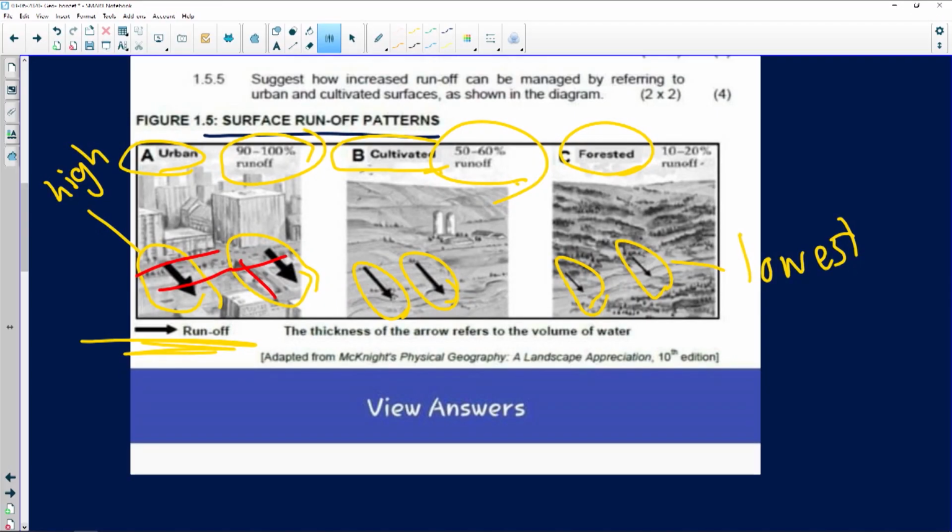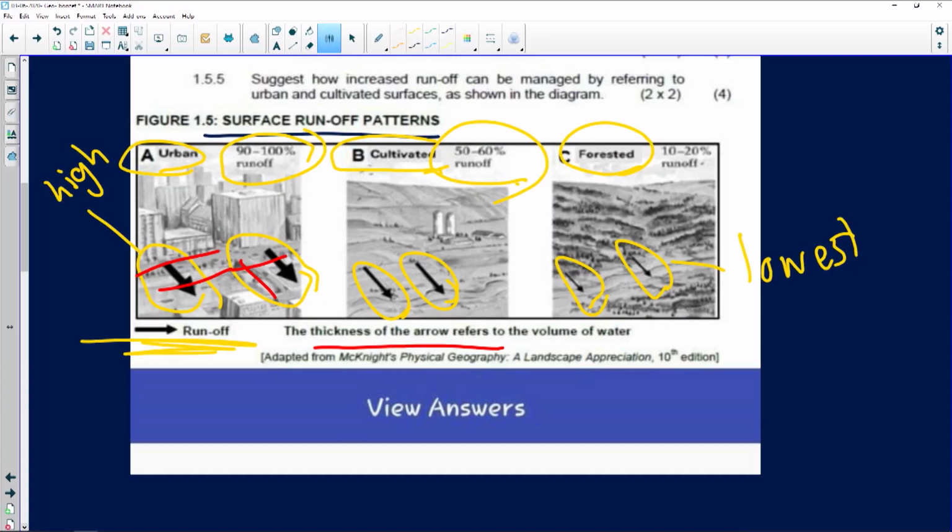And that's the reason, going back to our figure, it shows the thickness, the volume is going to increase. There's going to be more water on top of the surface because we have created an impermeable surface. Because of the tar road that we've built, because of the pavement that we created in our urban areas, the water won't be able to infiltrate.